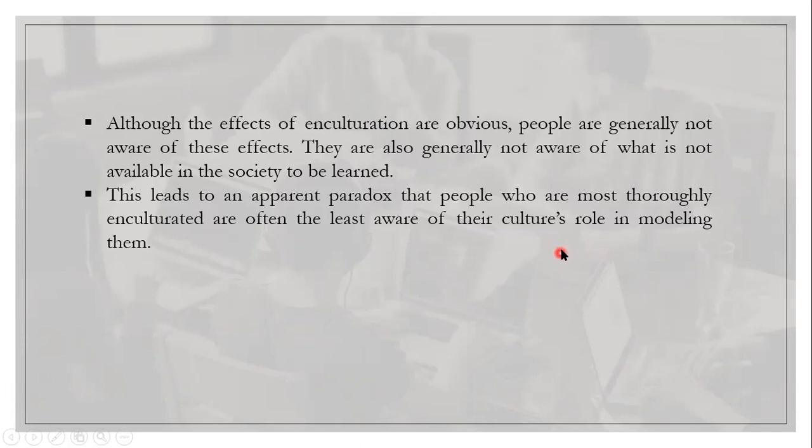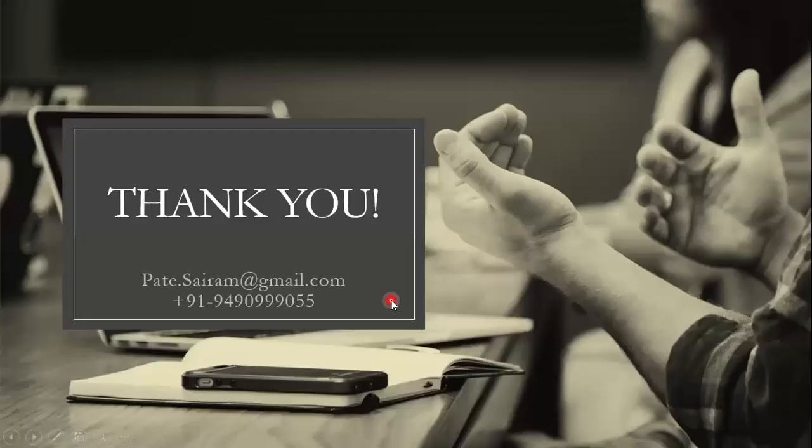Below 2 or 3 years, they adopt how to communicate, how things happen, all these things, and they don't try to know that this has happened. Many of us don't know what has happened. This transmission takes place automatically. Okay, so that is the basic of what we have learned in enculturation.